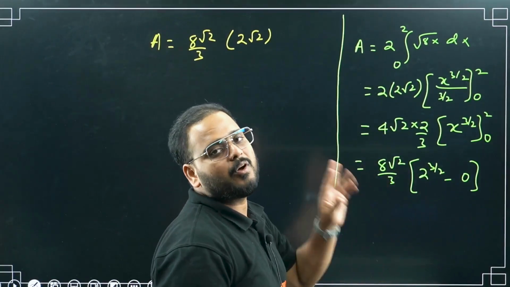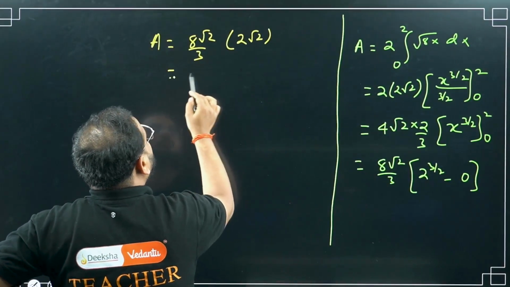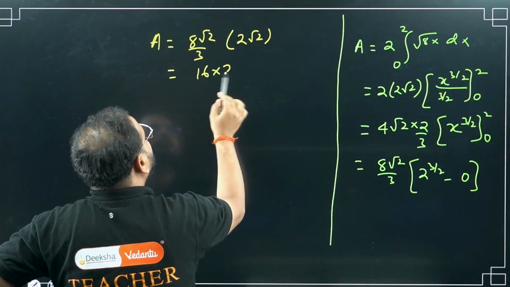Root 2 into root 2 becomes 2, and then 1 root 2 is left, so 2 root 2. Please multiply: 16 into 2 by 3.